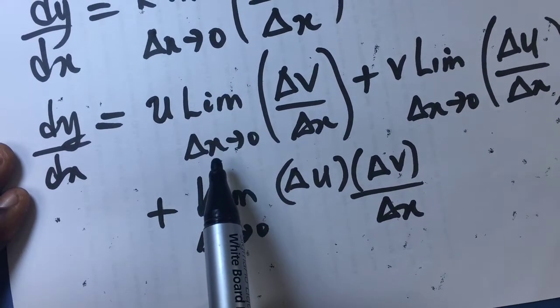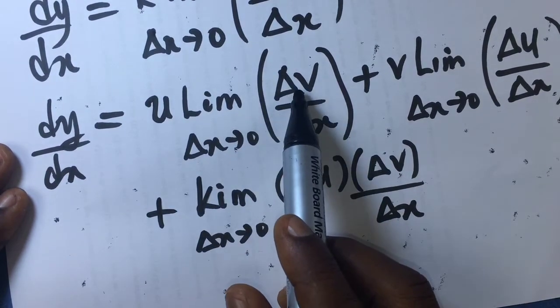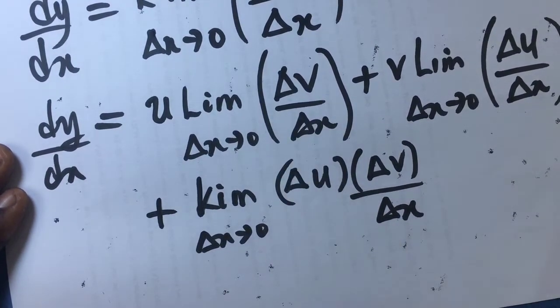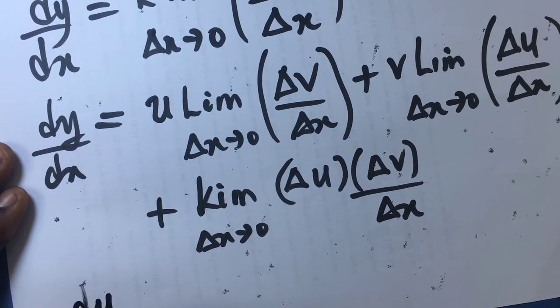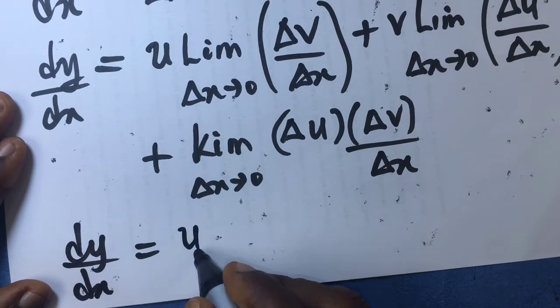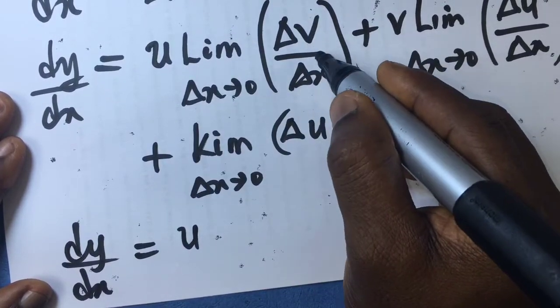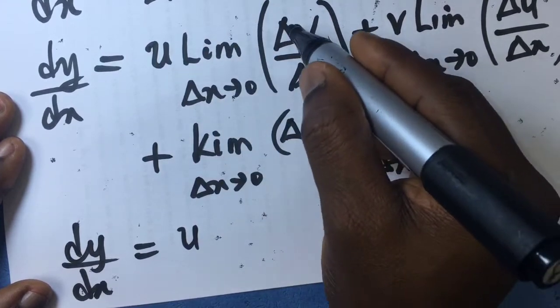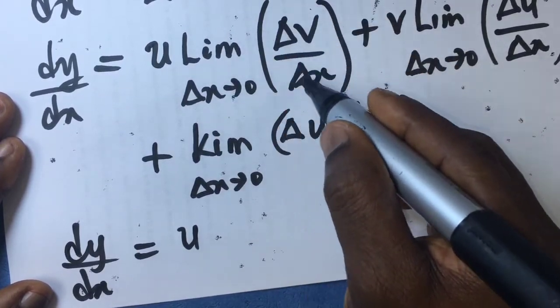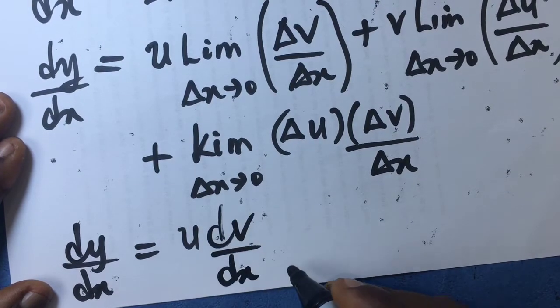Now take note, as change in x tends to 0, this gradient function in v becomes dv dx. So dy dx can now be written finally as u times the limit as change in x tends to 0 of change in v all over change in x. As change in x tends to 0, this particular gradient function becomes the derivative of v with respect to x.